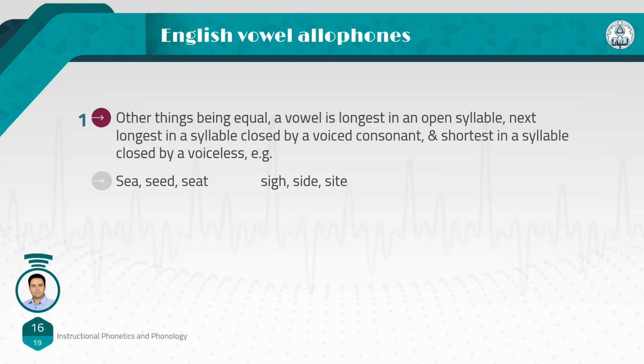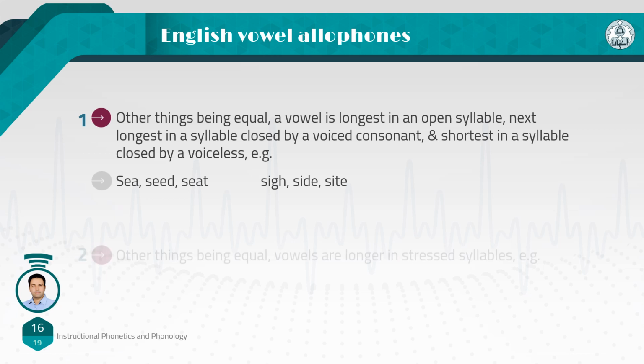That is, the first one is the longest, see, sigh. This is the next longest, seed or side. And it is the shortest in seat and sight, in a syllable which is closed by a voiceless sound like t, compared with seed and see.